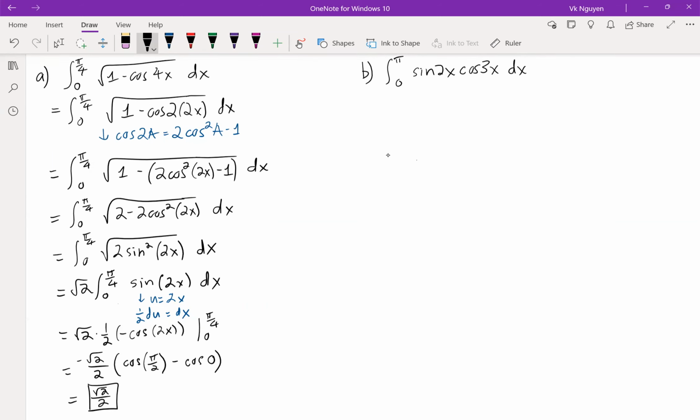B, the integral from 0 to pi of sine 2x times cosine 3x dx. Well, to do this one, we're going to use the identity: sine A cosine B is half of sine(A minus B) plus sine(A plus B).